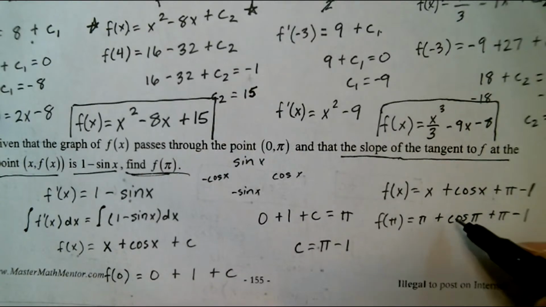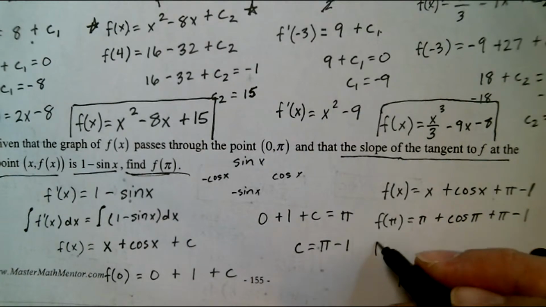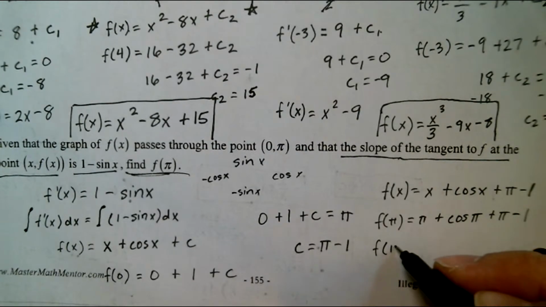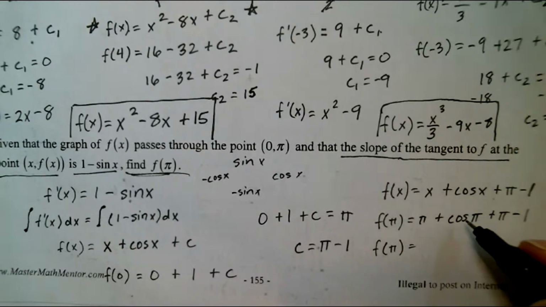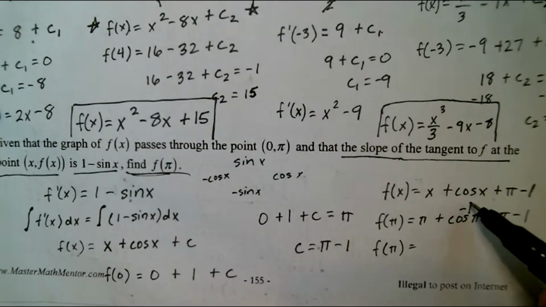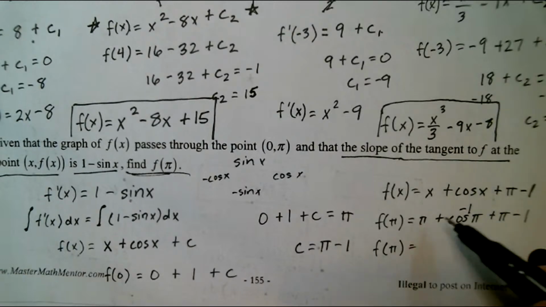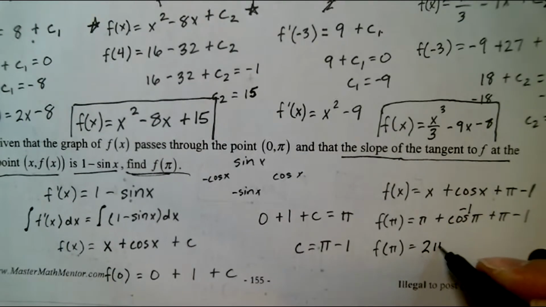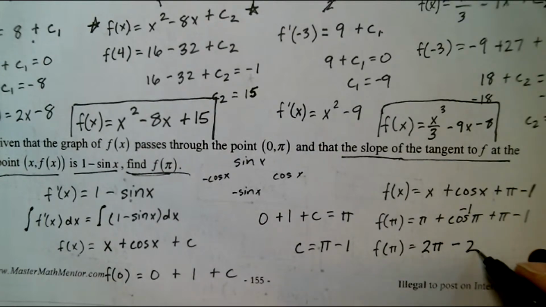Excuse me, not x coordinate. Y. Did I say that right? Yeah, negative 1. Right. I did say that right. So that should be f of pi is equal to negative 1. So negative 1 there, right? So negative 1 minus 1 would be negative 2, and pi, that's 2 pi. Since we're adding those, 2 pi and then minus 2.